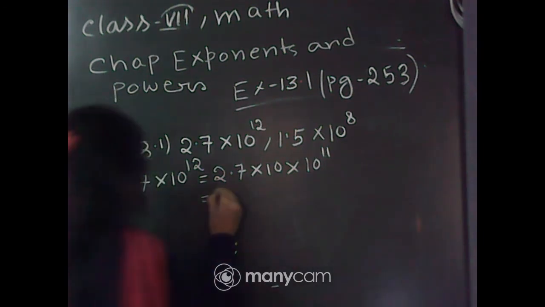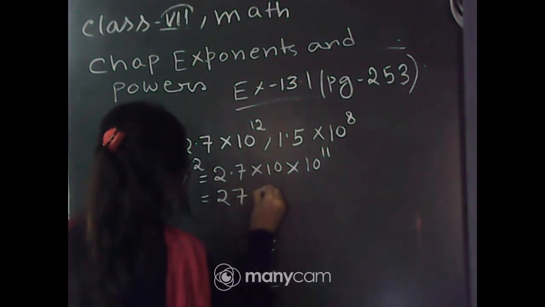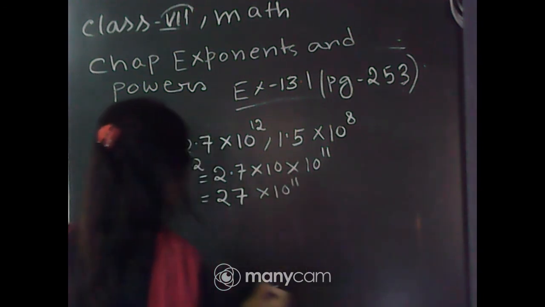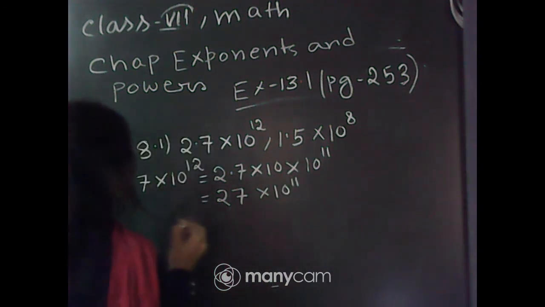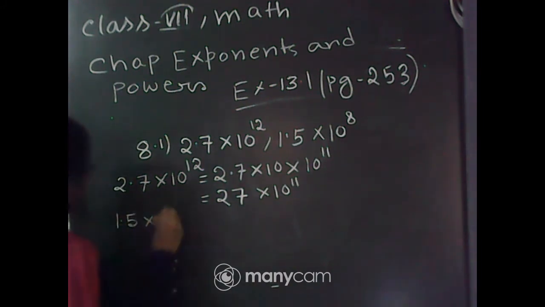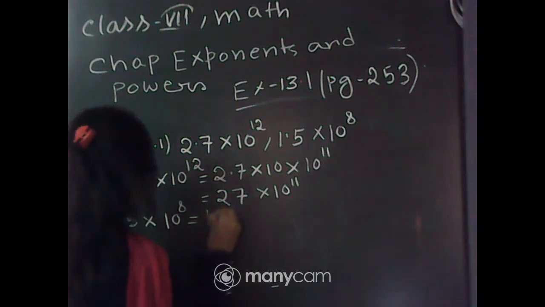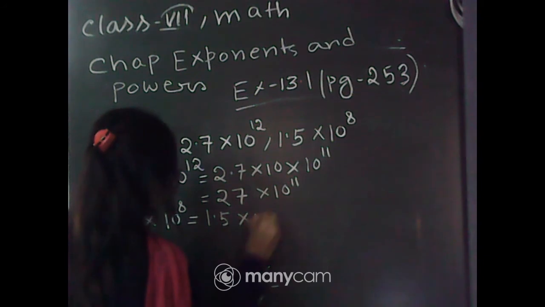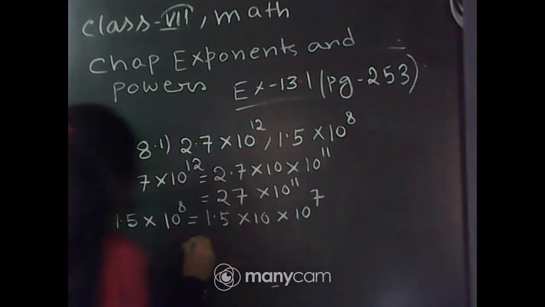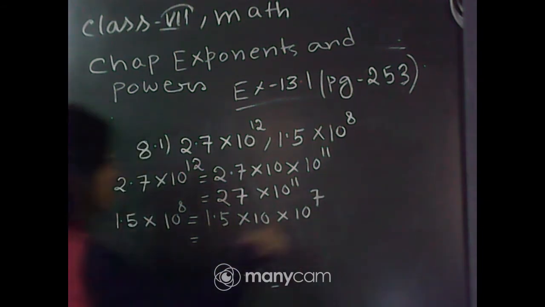Okay. Then this is equal to 27 into 10 to the power 11, isn't it? And now 1.5 into 10 to the power 8 is equal to 1.5 into 10 to the power 7. Any problem in this line? Any problem, students?